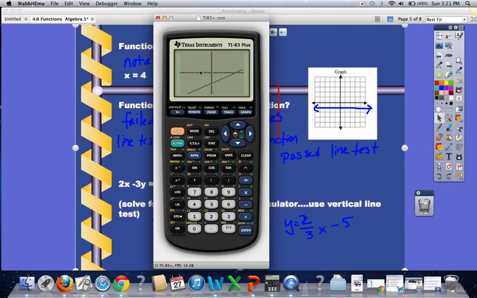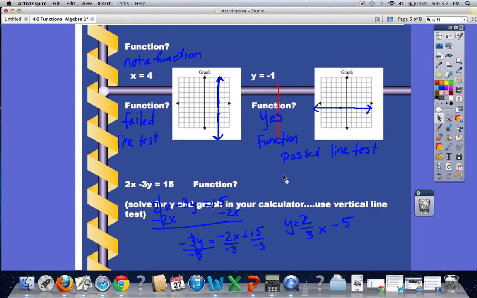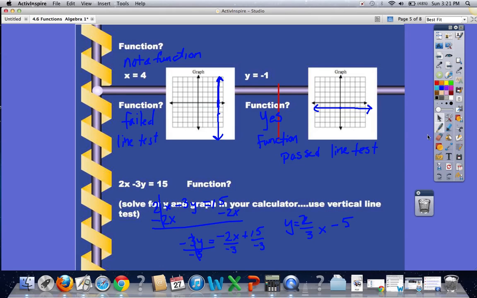So this would be a function because it would pass the vertical line test. So this would be a yes. It's a function.